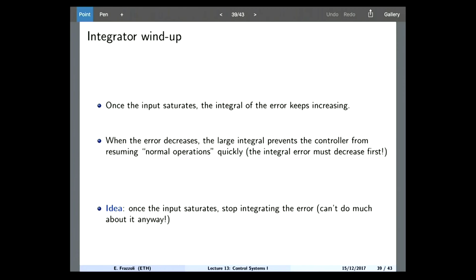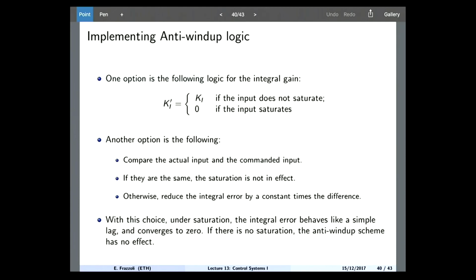Just give me a break until we get to a point where I can actually do something. So you can set the integral gain to your actual desired integral gain if the input does not saturate, or set it to 0 if the input saturates. You can do it. It's not that elegant.